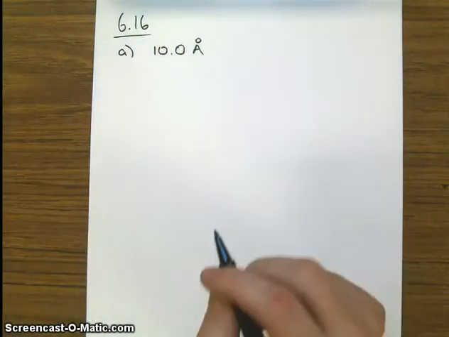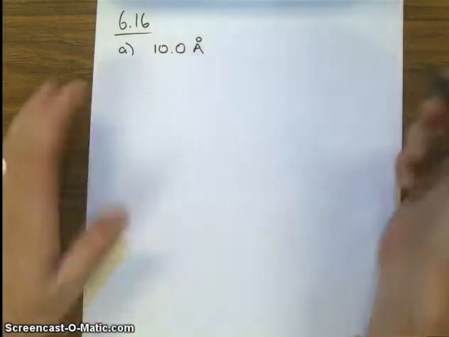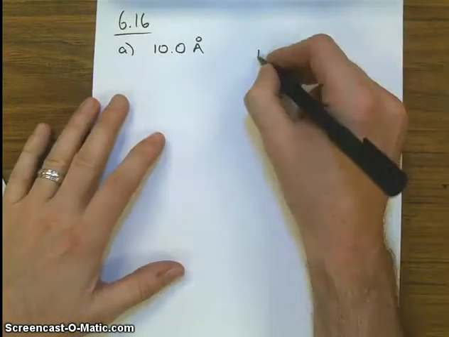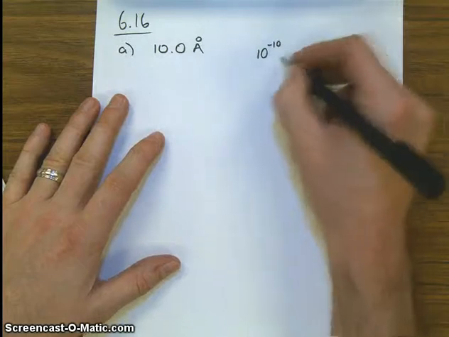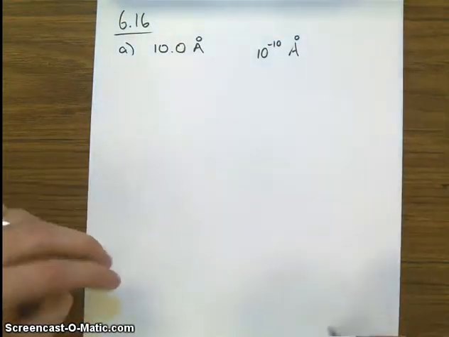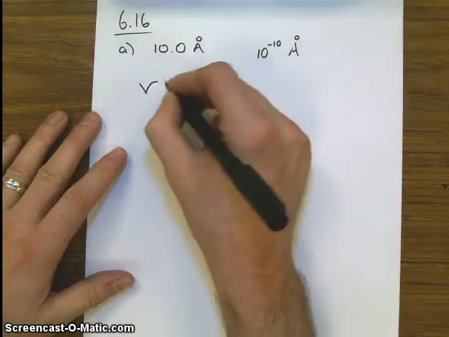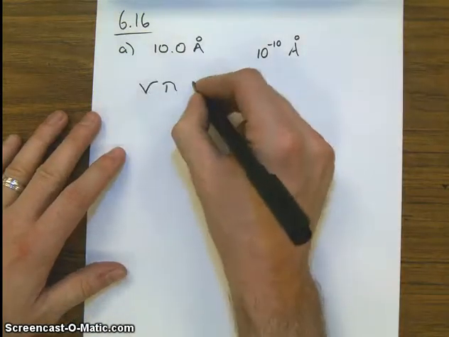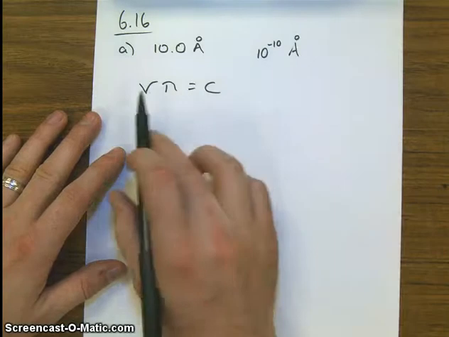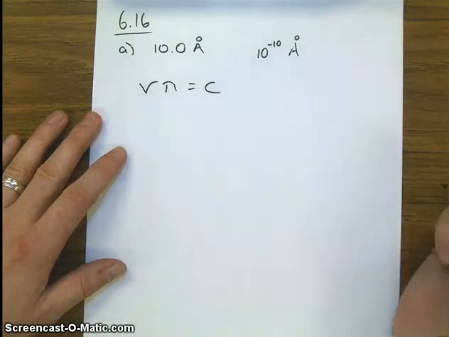The conversion factor for angstroms is located in your textbook, and it says that an angstrom is 10 to the negative 10th meters. So if we're dealing with meters, we have our formula, which is nu lambda equals the speed of light: the frequency times the wavelength equals the speed of light.